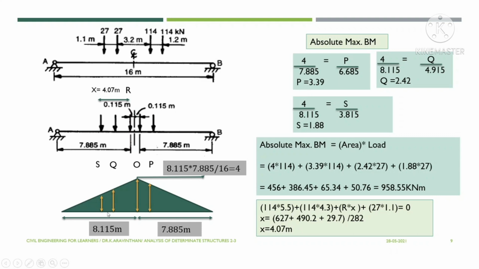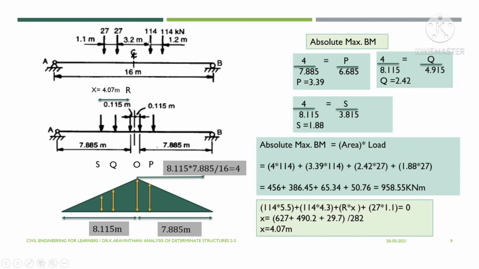If I want Q and S, I have to use the same approach. I will be considering the left hand side triangle, and the vertical value is 4 by 8.115, and for Q divided by the distance. How to find the distance?